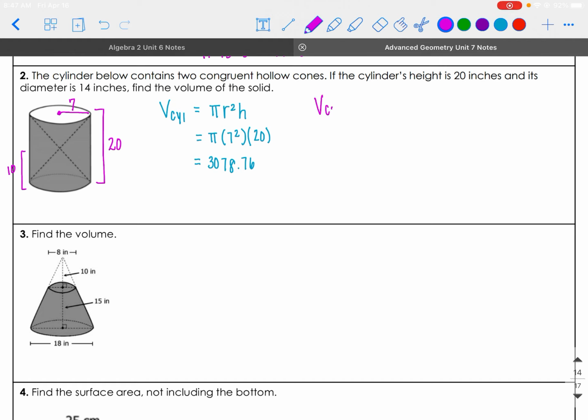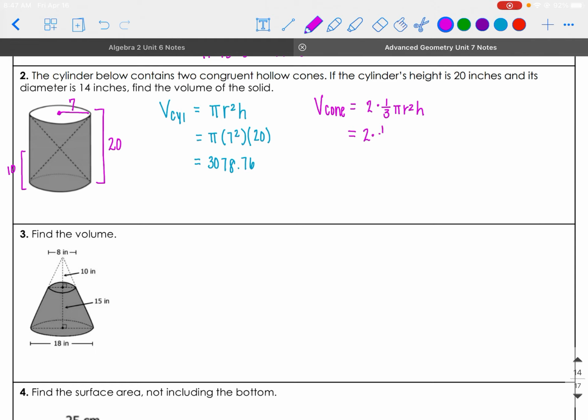Okay. Then we have the volume of the cones. And so a volume of a cone is 1/3 pi r squared h, but we have 2 of them. So we have 2 times 1/3 pi r squared h, because there's 2 cones. You could just do the 1 cone and get an answer and then multiply by 2 at the end.